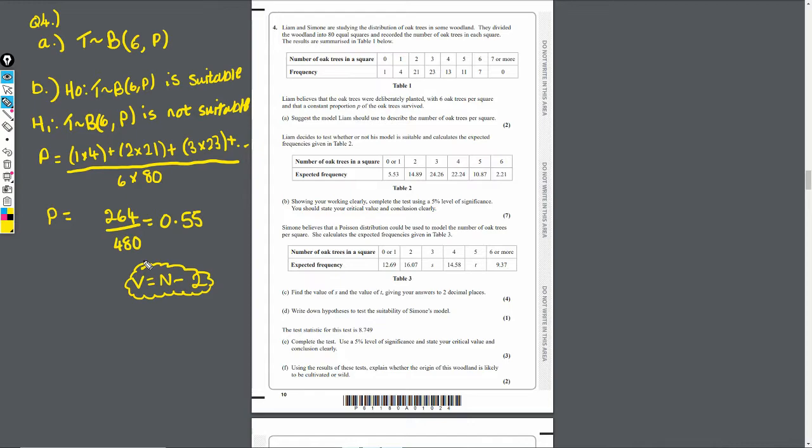The formula you can use is my observed minus my expected, all squared, divided by my expected. We need to do this for our values for my expected and my observed. The first thing we always have to check for the expected is, do we have any expected values less than 5? Looking across, there's just this one.